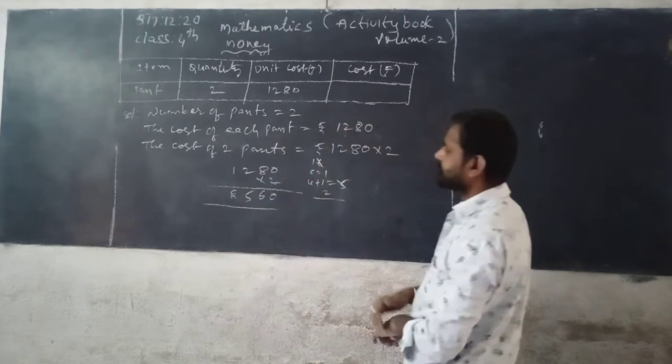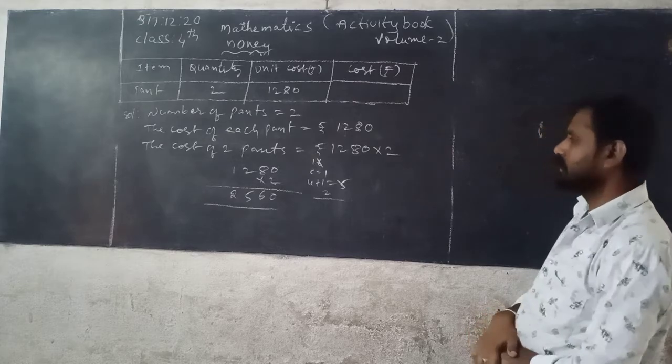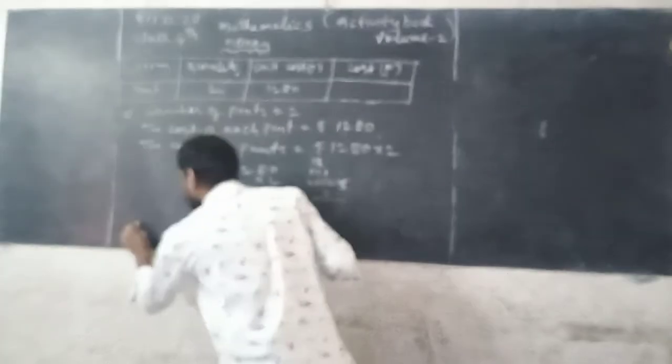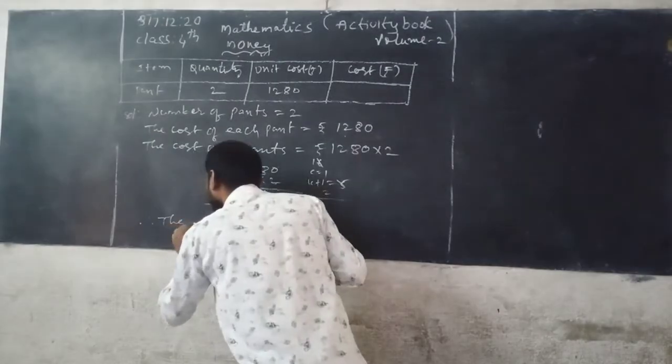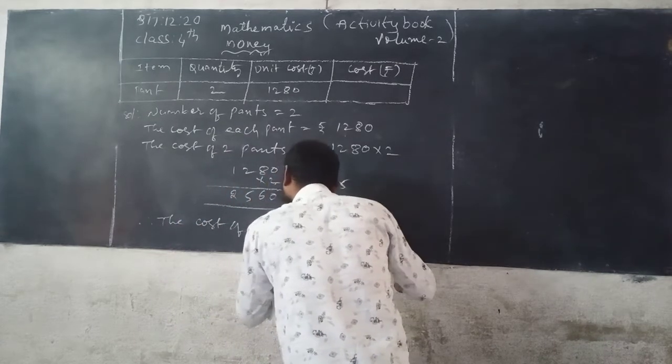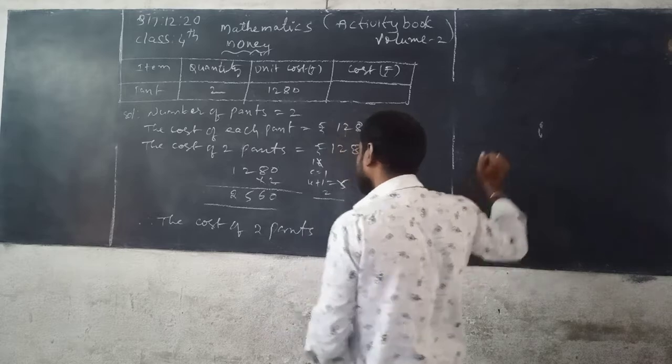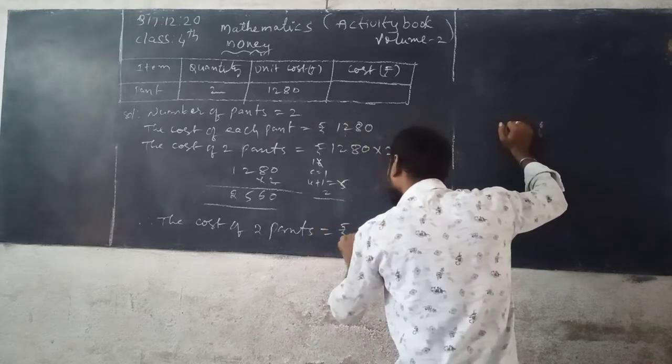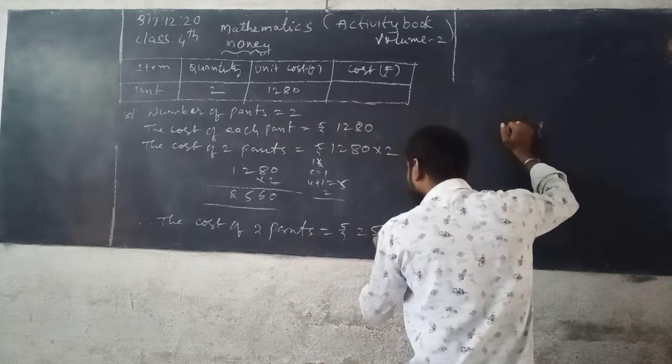What we get? The cost of 2 pints is equal to 2560.